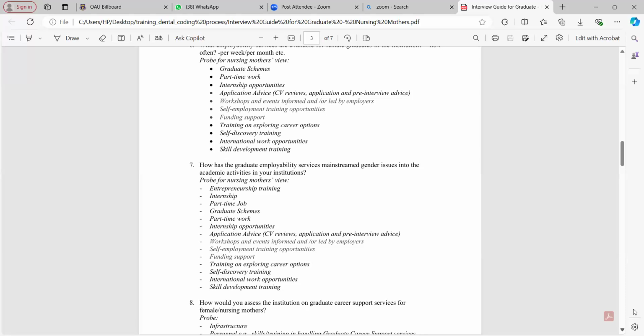Then that's a probe. So you don't want to ask and say, okay, I'm probing for application advice, and I'm probing for funding support.